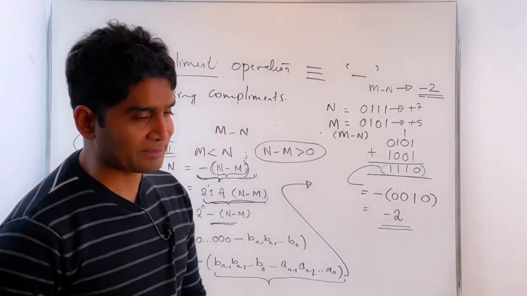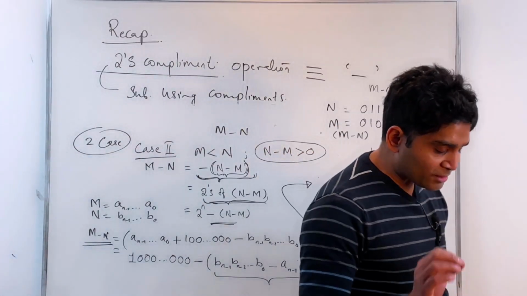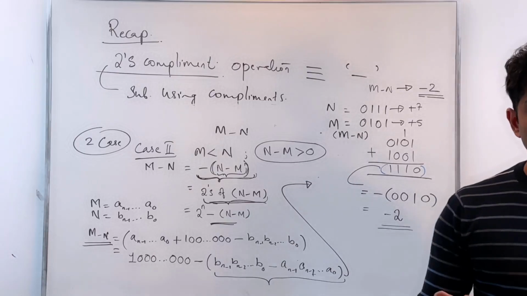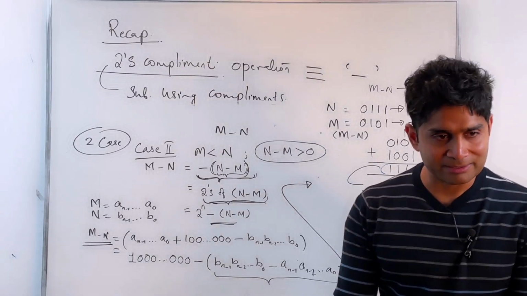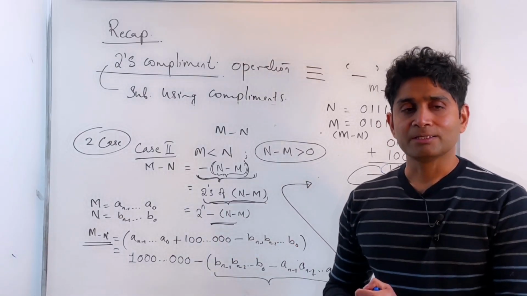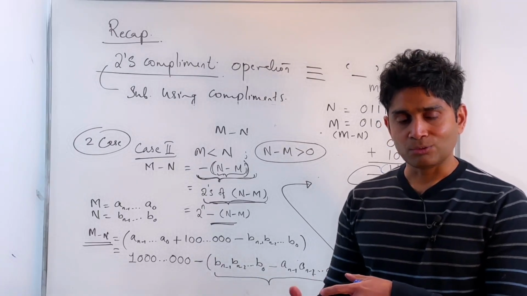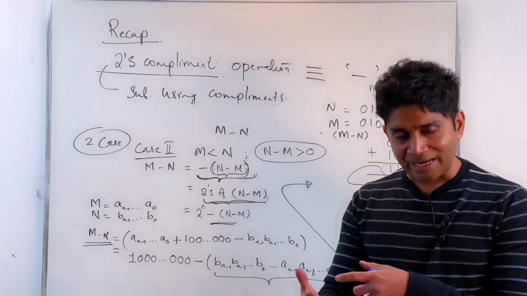Any questions on that? In the first case, if m is larger than n, then we will have an end carry that you basically discard. In the second case, when m is less than n, you'll get a negative answer in the right format.